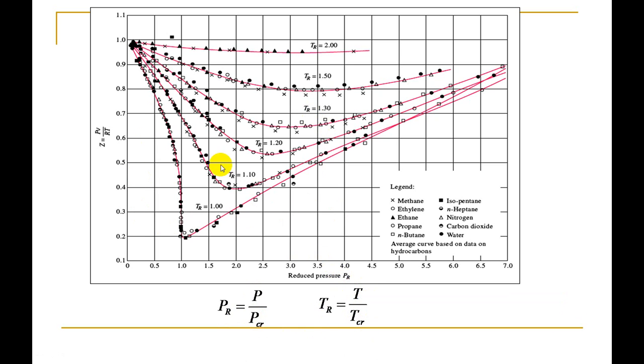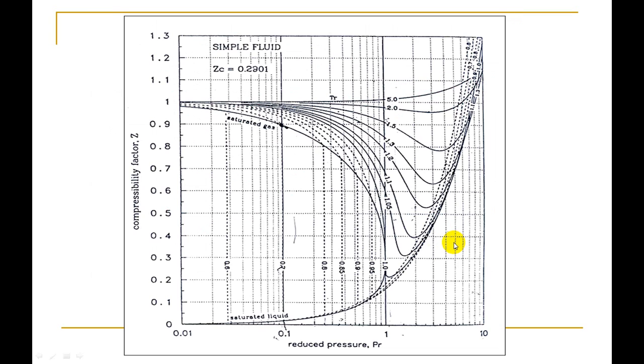And this graph works for different substances: methane, ethylene, ethane, propane, butane, and so on. But for water, we have this graph just for simple fluid, or just water, also a simple fluid, so we use this graph. It's the same as the previous one.